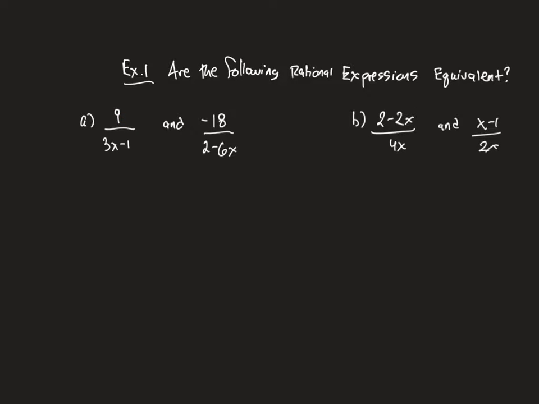So let's try this out. I'm going to multiply this by negative 2, and if I do that to the top, I got to do that to the bottom. And that's going to give me negative 18 over negative 6x plus 2. And now when I take a look at them, I notice my 6x is negative, my 2 is positive, and I've got negative 18 on top. So we've met the criteria.